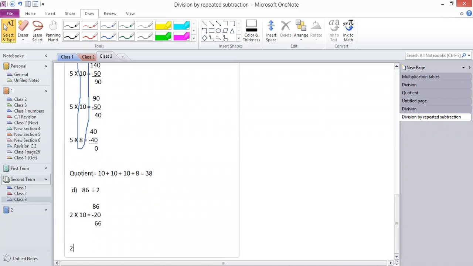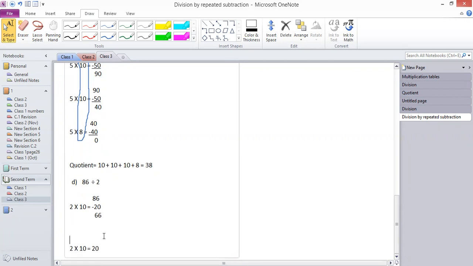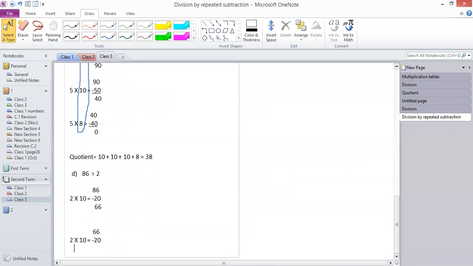Now again you will multiply 2 by 10. That will also give you 20. Now you will have to subtract from 66. When you subtract 20 from 66, it is 6 minus 0, 6, 6 minus 2, 4, so 46.